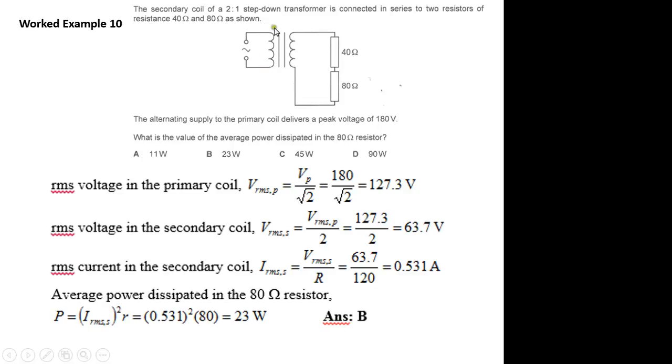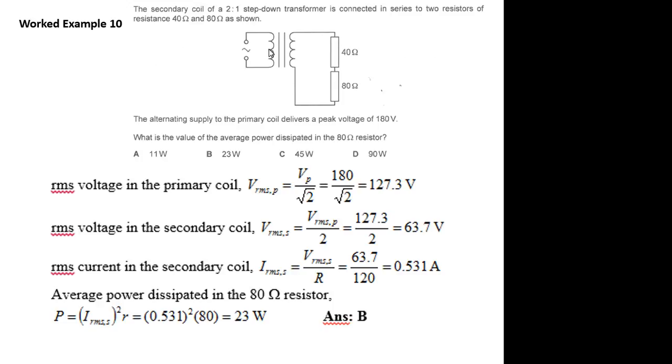Once you know that, then you use the transformer equation. The turns ratio, NS over NP, is given by 2 to 1, step down. Sorry, it's a step down transformer. They say it's a step down transformer, so it's 2 turns on the primary side to 1.